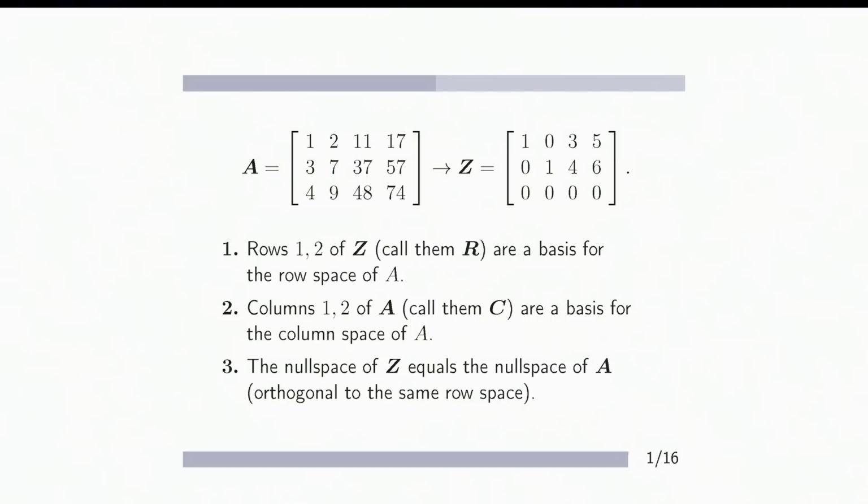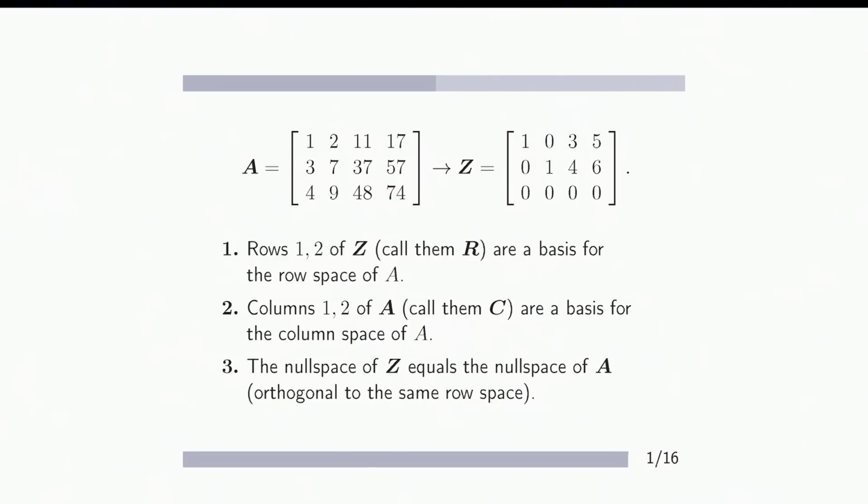The combinations of those 2 rows give me all of the 3 rows of A. And notice that there's a 0 row. So the rank is only 2 for this matrix. This matrix has only 2 non-zero rows at the end of elimination. And so they're a basis for the row space, which is 2-dimensional.